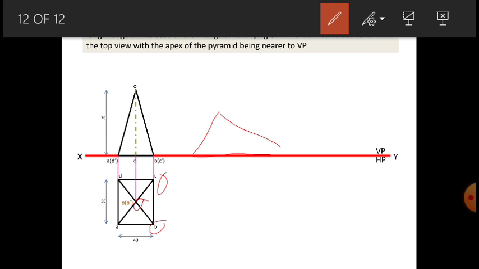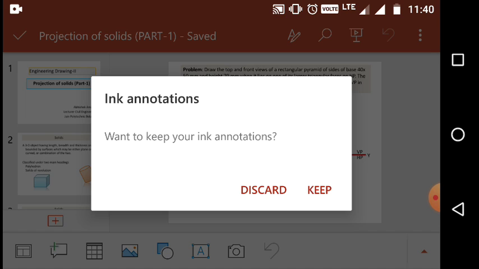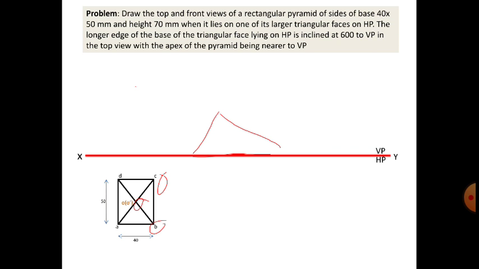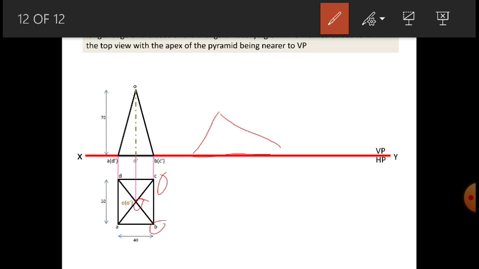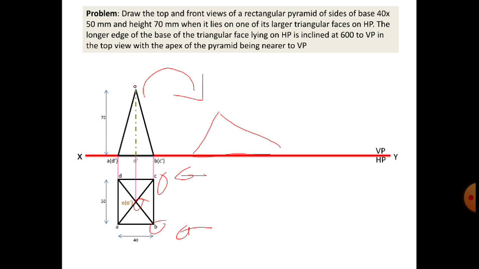You are going to make it sleep, or rest, by just turning it like this, so that B, O and C will rest on the axis, because as said in the question, the longer edge of the base of a triangular face, this BCOA, will rest on the ground or the axis. Okay, understood?